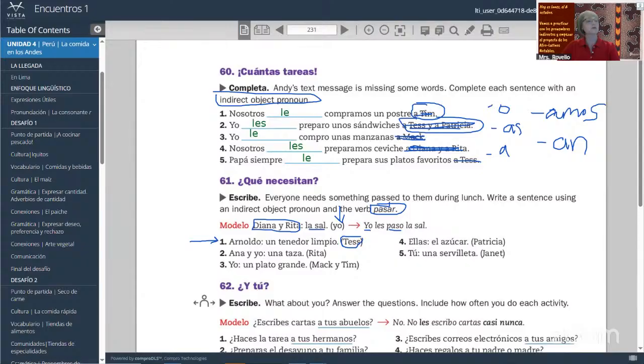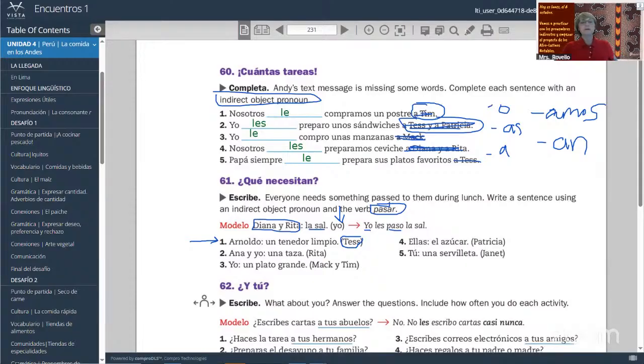To Arnoldo. So it's going to be le, right? And I'm going to put it in front of the verb. All right. So check out my sentence, Arshad, you get first billing there. Check out my sentence in the chat. Okay. So you are going to follow that model, right? Any questions before we do this?